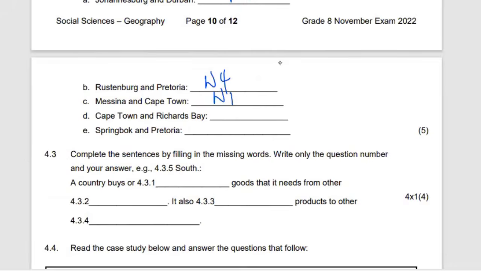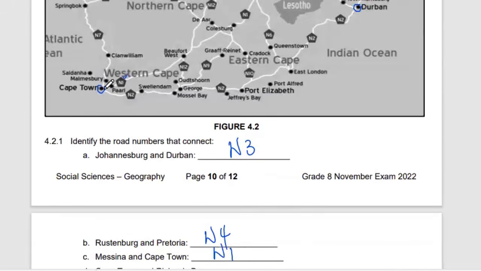Right. Cape Town and Richards Bay. We check where Richards Bay is and where Cape Town is. We are seeing that these two places are connected by National Road number 2.